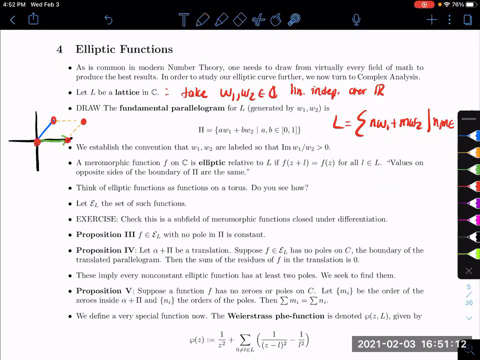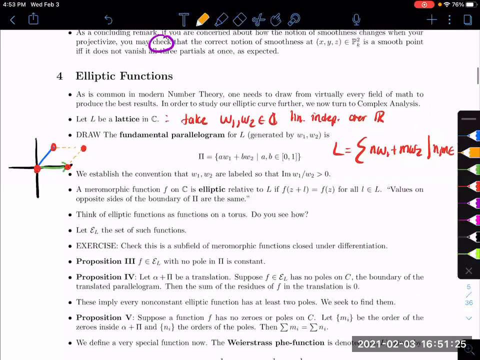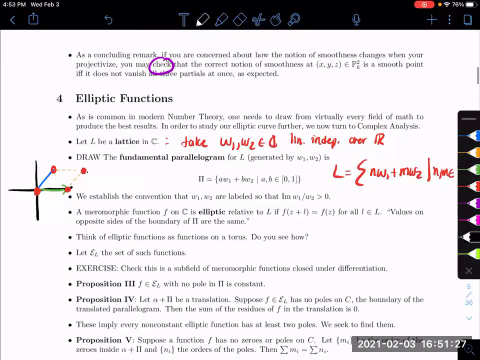Why? Well, because this is w1, this is w2, this is 0 w1 plus 0 w2, and this is w1 plus w2. And then what's the rest of the lattice? Just tile the complex plane with these parallelograms. Okay, so I'll do that in black maybe. So keep doing this forever.